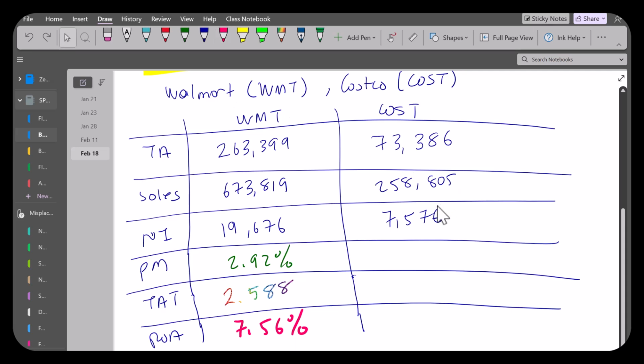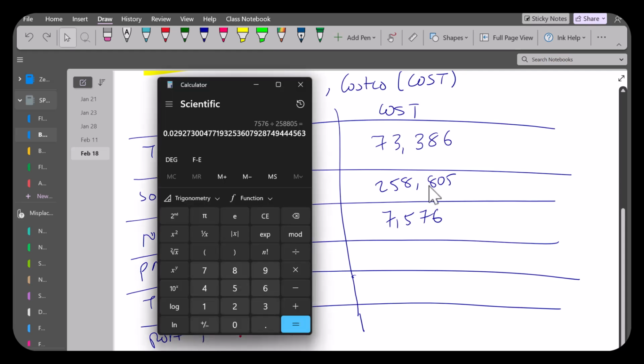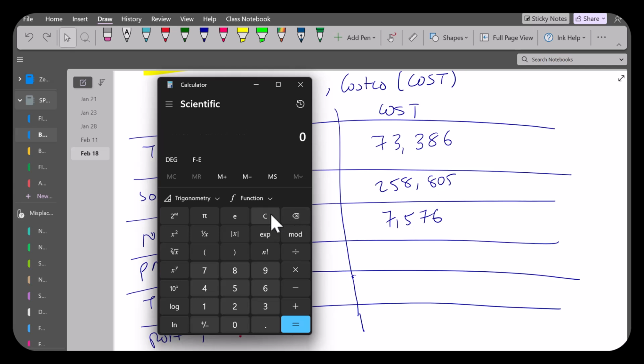I'm dividing net income by sales. That's the profit margin. It's almost exactly the same.